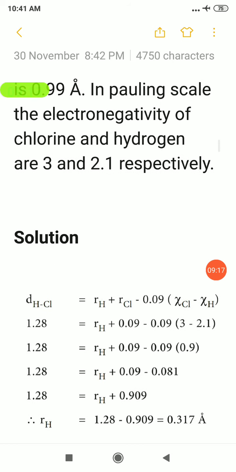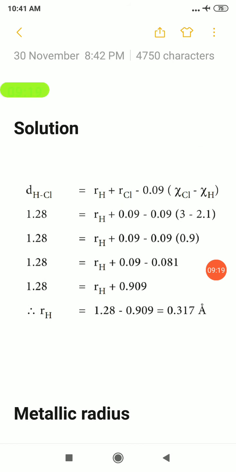What is the Stevenson-Schomaker equation? DAB is equal to RA plus RB minus 0.09 into XA minus XB. Here, in the electronegativity difference, we subtract the lower value from the higher value. Okay, so DHCl is 1.28, then RH we need to find, plus RCl is 0.99, then minus 0.09 into electronegativity of chlorine, which is 3, minus electronegativity of hydrogen, which is 2.1.